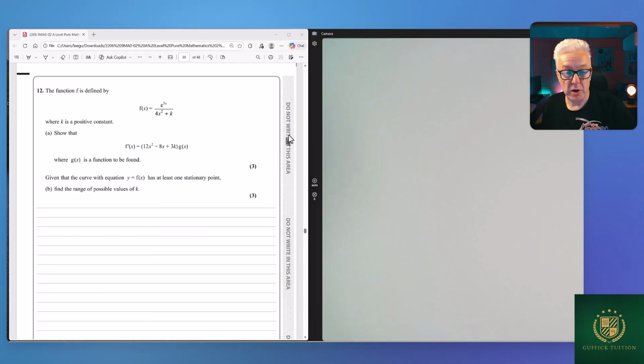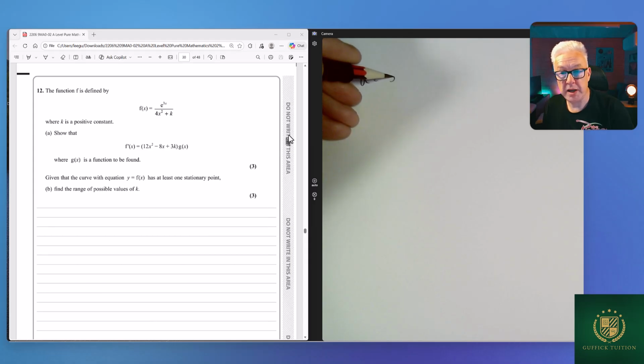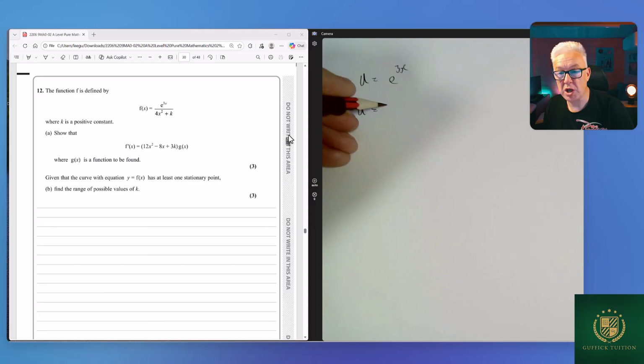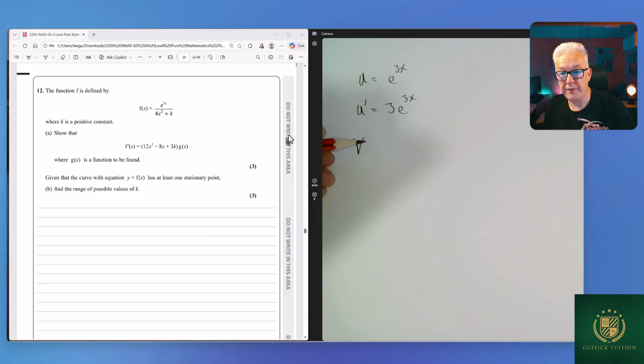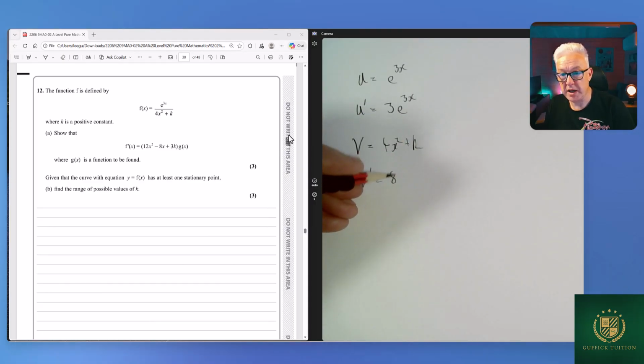Okay, so we've got a quotient, so we're going to be using our old friend, the quotient rule. So our u is going to be e to the 3x, therefore our u dashed, using the chain rule, is going to be 3e to the 3x. Our v is 4x squared add k, so therefore our v dashed is going to be 8x.